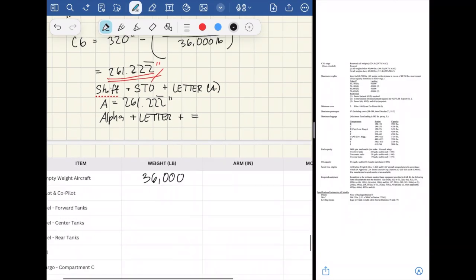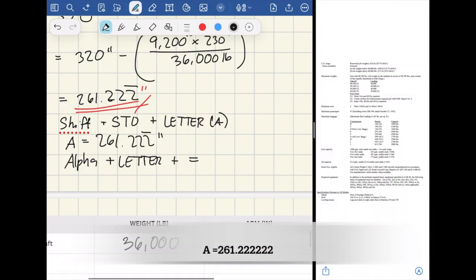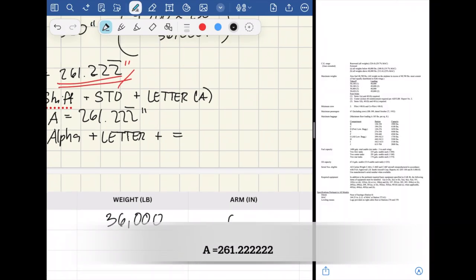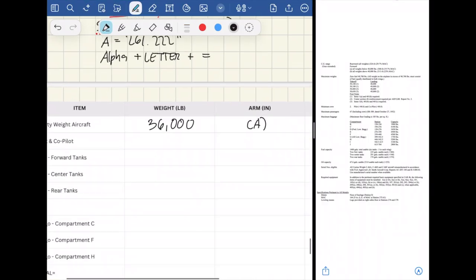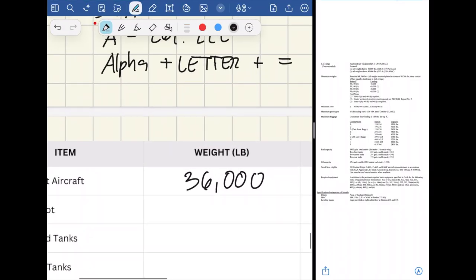And then, yung arm niya is nakastore sa letter A. Now, proceed naman tayo sa weight ni pilot and co-pilot. So, based sa ating word problem, that the pilot and co-pilot has a combined weight of 360 pounds. Okay, so let's put that there.